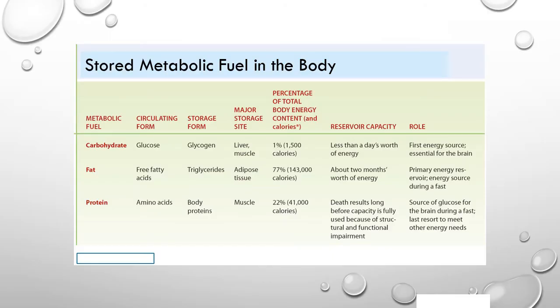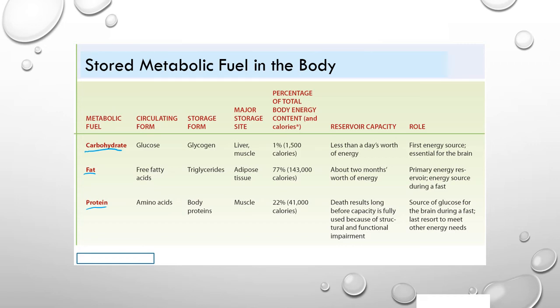So we take in all this food every day. We have all this food available in our body in the form of stored components: our carbohydrates, our fats, and our proteins. If you decide today, right now, that you're going to stop eating and fast, you're going to have the ability to power your body in a couple of different ways.